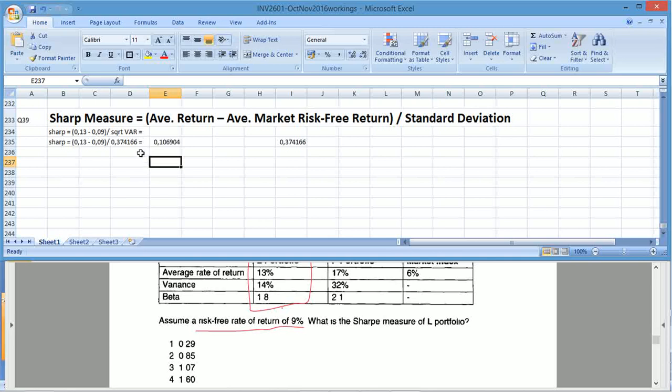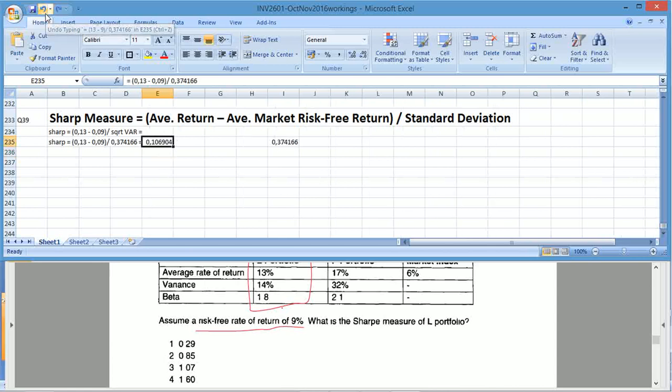What's wrong with this now? Did I use the average return, so 13%, 1.69? My decimals here aren't right for some reason. Let me just see, what did I do wrong? 14%, square root of the variance, 0.14, square root of 0.14 is 0.37. Yeah, that's correct.